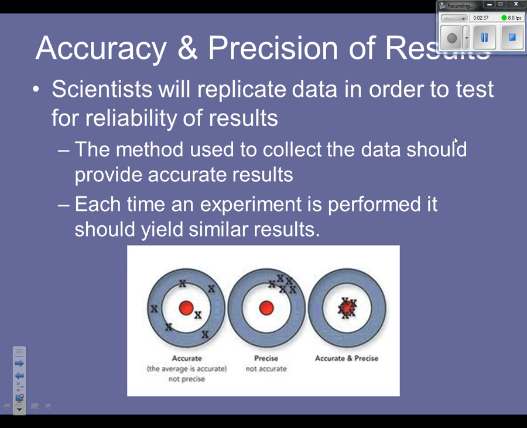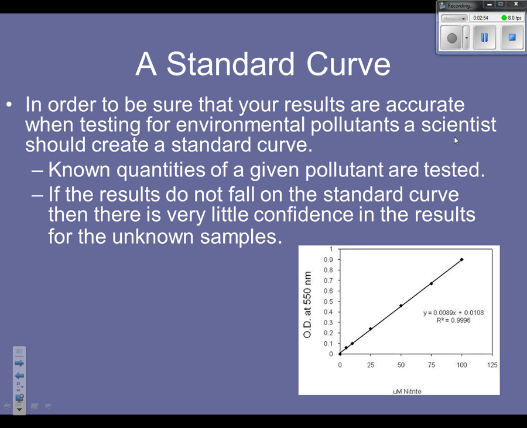As an example, if you're playing soccer and you're consistently hitting the left goalpost without scoring a goal, then you're being precise, you're not being accurate. In order to determine whether or not your results are accurate, it's really important to have a standard curve.